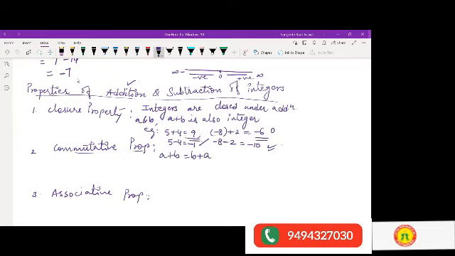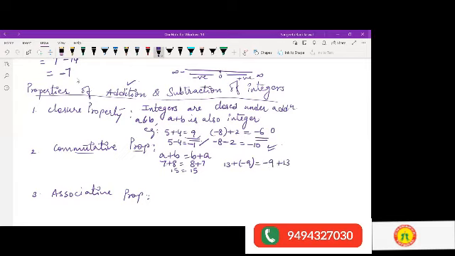For example, if you say 7 plus 8 and you take 8 plus 7, your answer remains the same. You can also check with negative numbers: 13 plus minus 9, and you can take minus 9 plus 13.